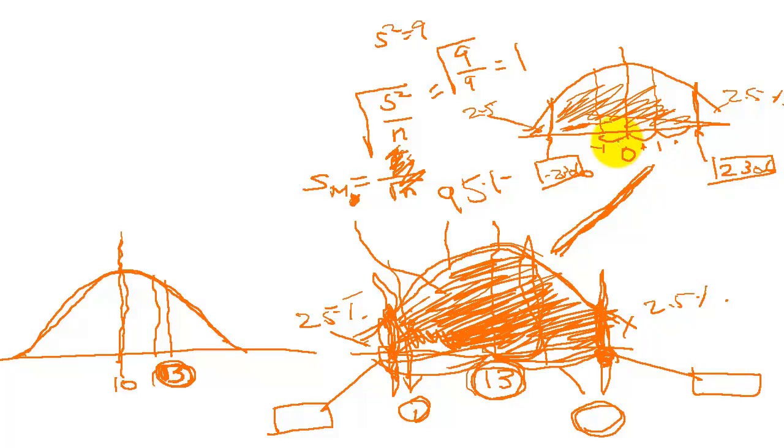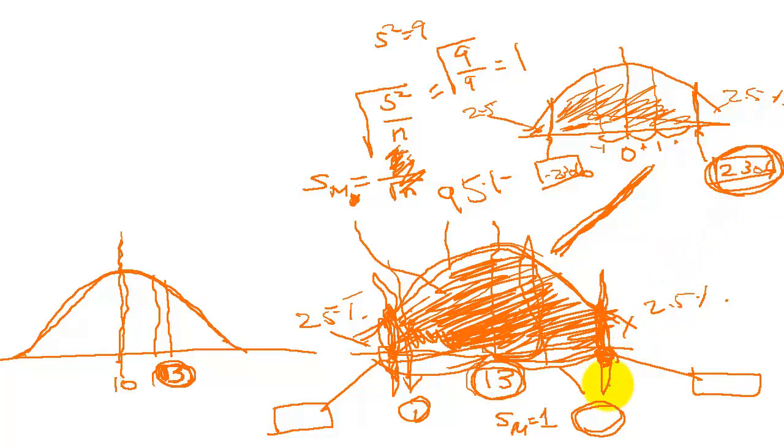So actually this and this are exactly identical in shape, and the standard error is 1. So that means this value is going to be 1 time larger than this.